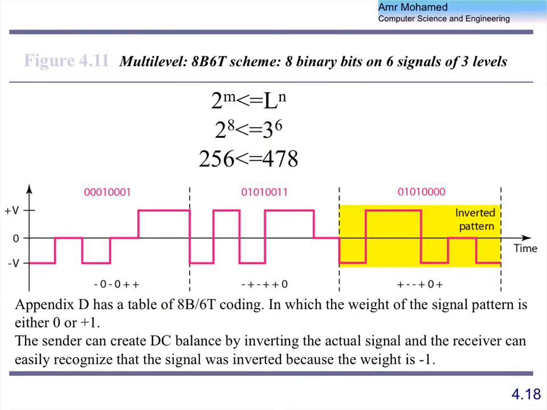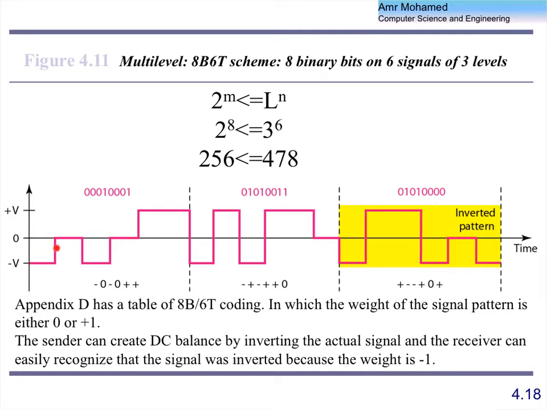We talked about this scheme, the 8B6T, in which case there are some degrees of freedom, and we try to use these degrees of freedom to eliminate some signal elements that are more polarized, positive versus negative.